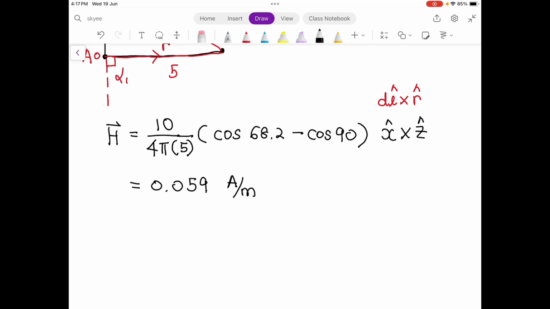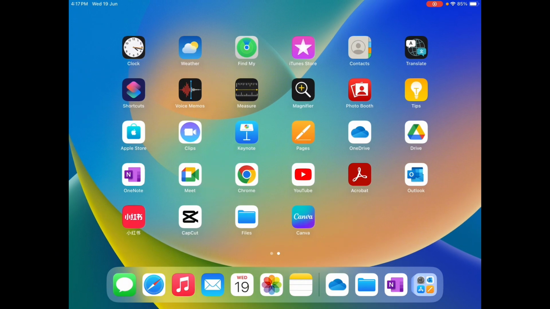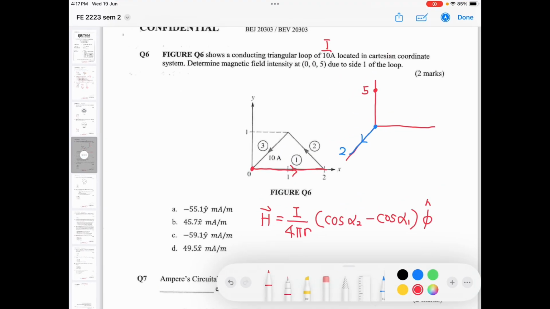As x cross z, you will get negative y. So the answer is C.